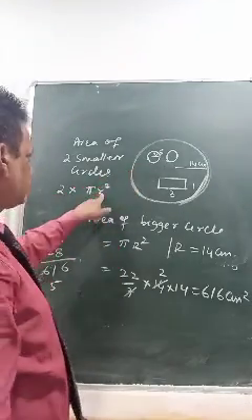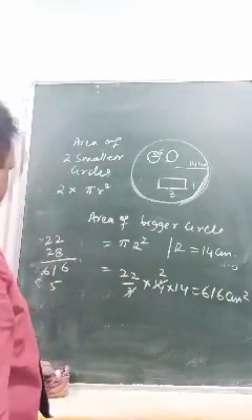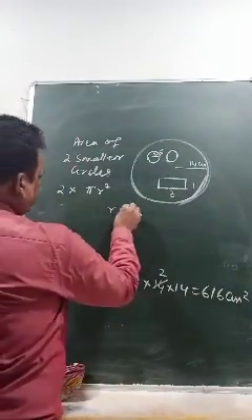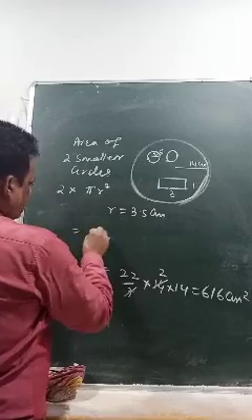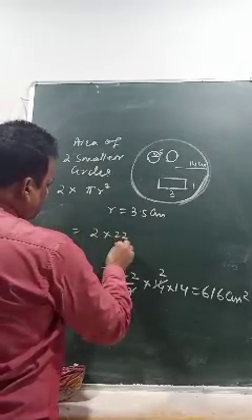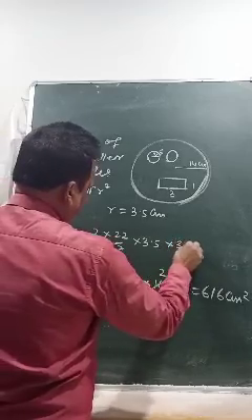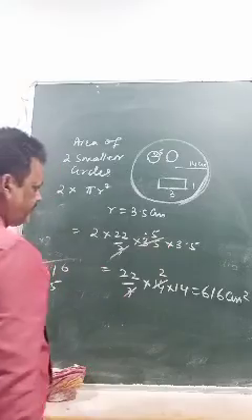One circle is pi r square, so two circles 2 pi r square. Then how much you will get? Here r is equal to 3.5. Put the value. 2 into 22 by 7, 3.5 because r square.